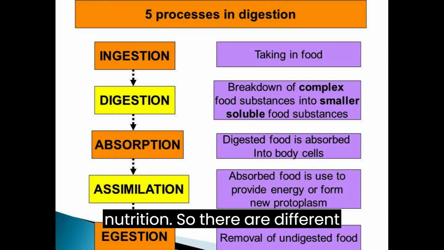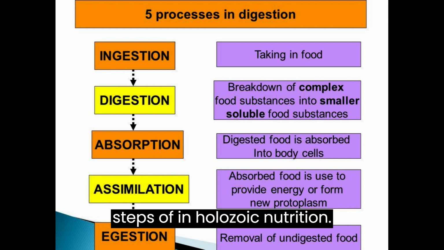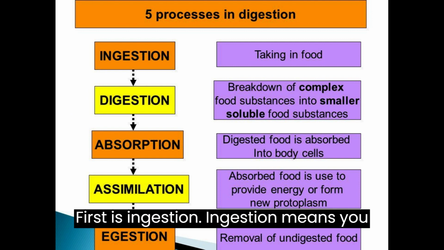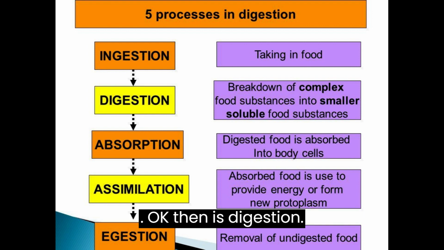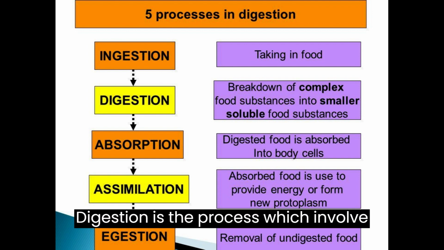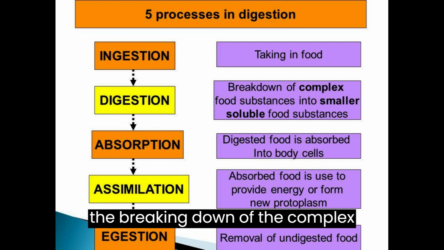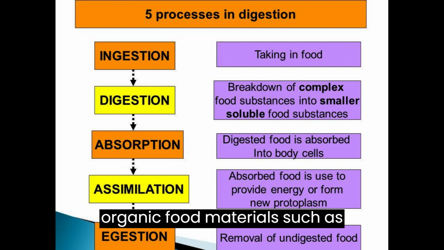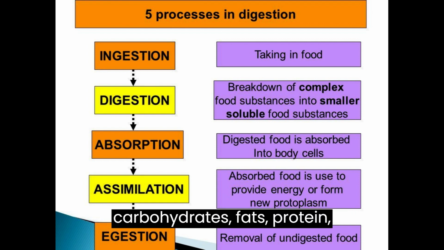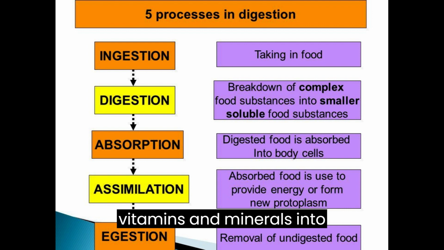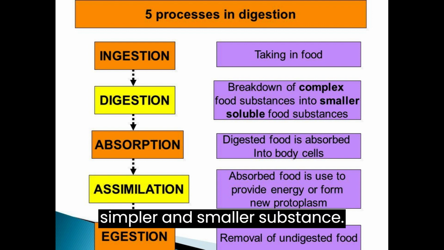There are different steps in holozoic nutrition. First is ingestion. Ingestion means you take food in through your mouth. Then is digestion. Digestion is the process which involves the breaking down of complex organic food materials such as carbohydrates, fats, proteins, vitamins and minerals into simpler and smaller substances.